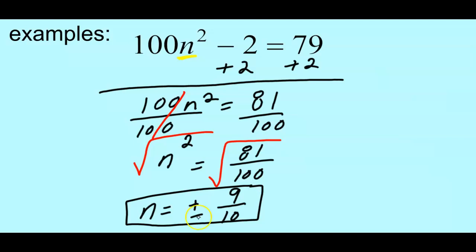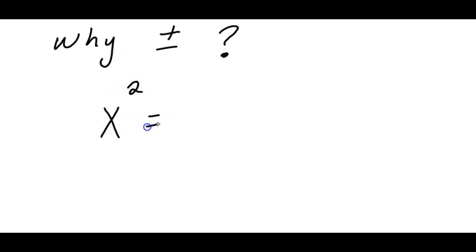The reason we need the plus or minus is because anytime you have an x squared equal to a number, we'll just go ahead and use 81, this is not asking what's the square root of 81.